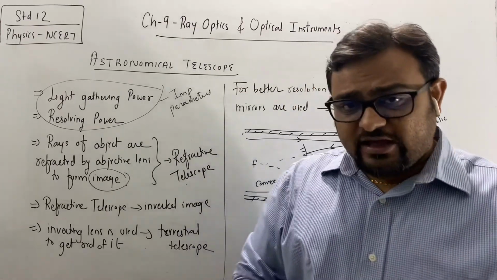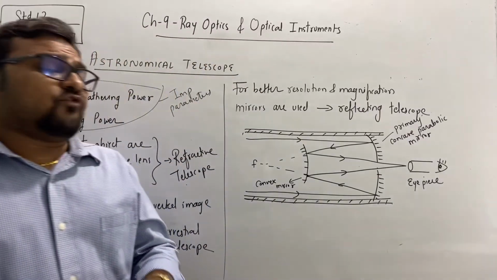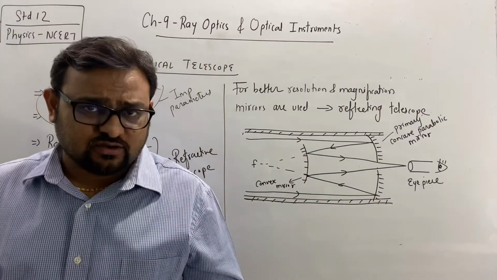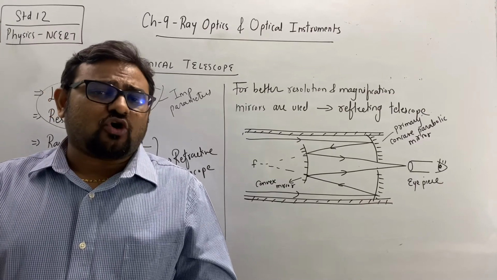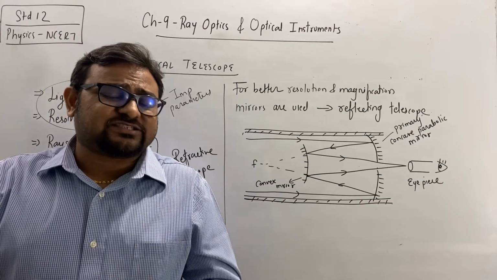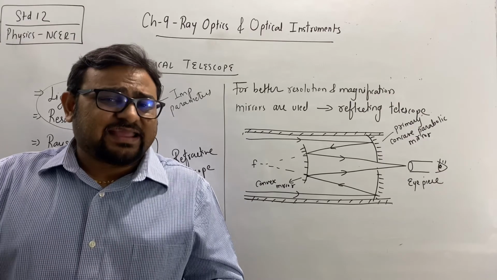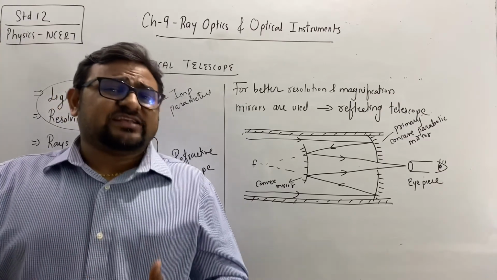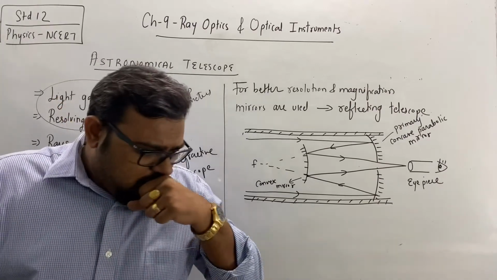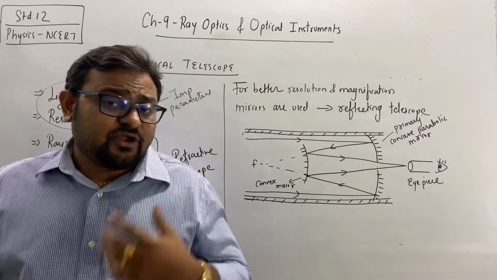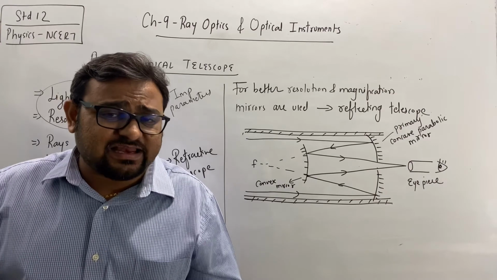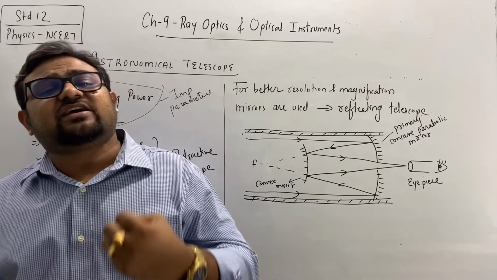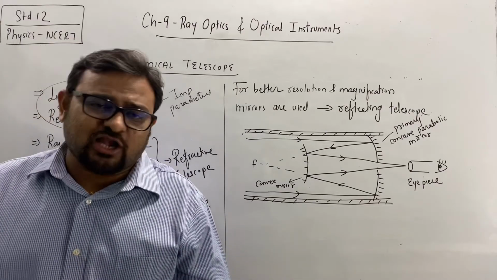Clear? Okay. Now, for better resolution, what is the meaning of resolution? If two distinct objects can be clearly seen separated, then we will say that it has higher resolution.